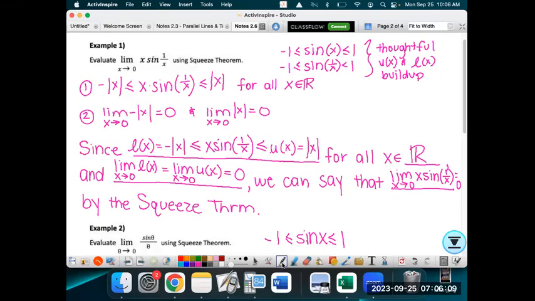I don't really think it works if we do -1 over x is less than and so on. You could try it out, but I think that you would probably prefer to pick out two functions that actually look like they're squeezing and trapping this function just by doing some guess and check. So pause the video. I want you to play around with some functions that look like they will trap and squeeze sine of x over x.